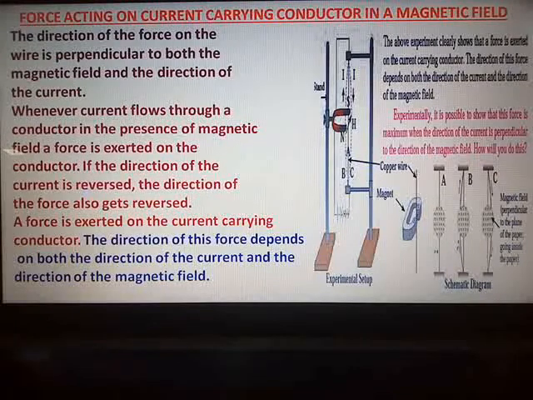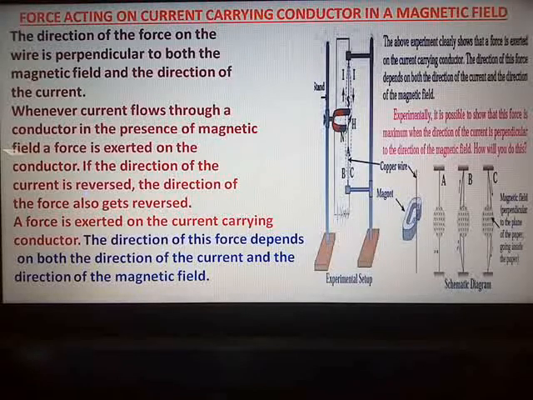They can ask you different questions based on this experiment: what happens when the current flows through the wire, what happens when the current is not flowing through the conductor, what happens if the current direction is reversed, that is from bottom to top, and what the direction of the force exerted on the current carrying conductor depends upon. So just understand the concept, do not learn it.